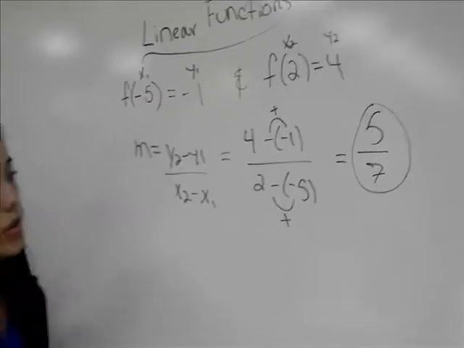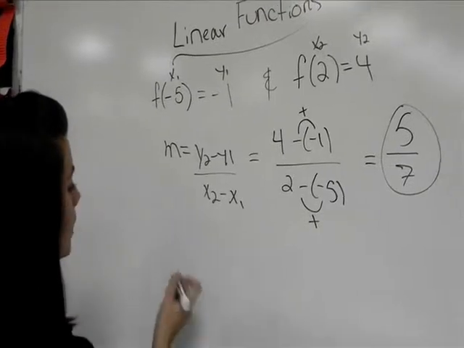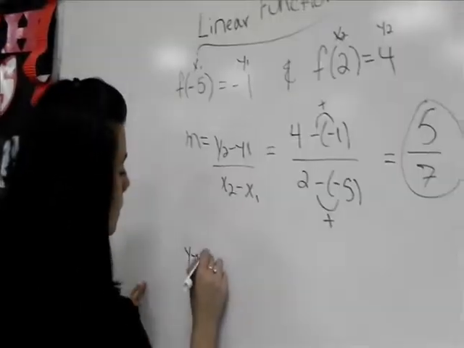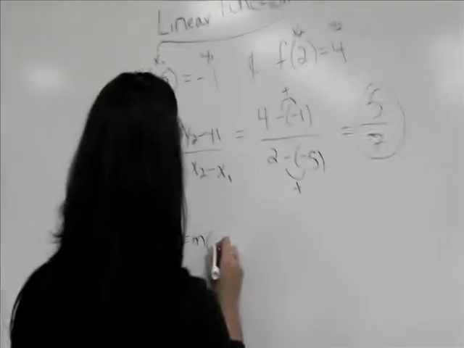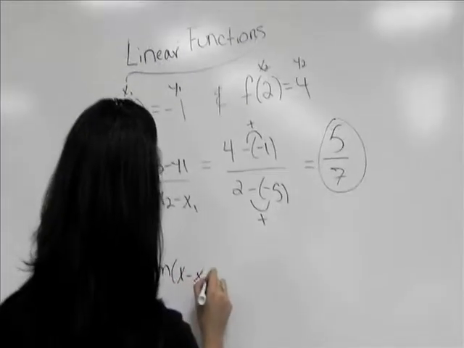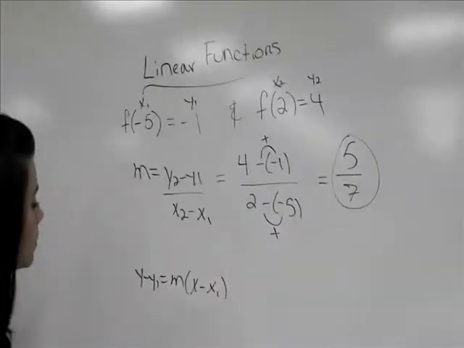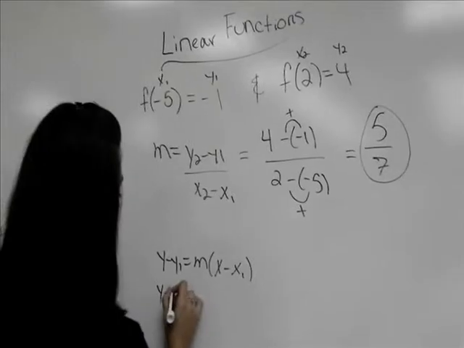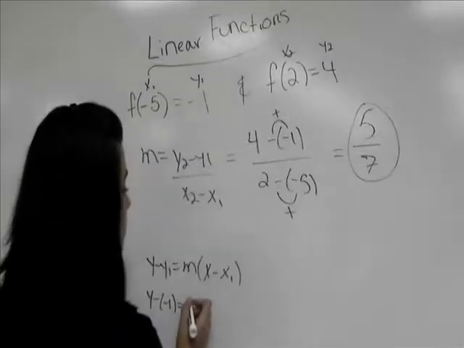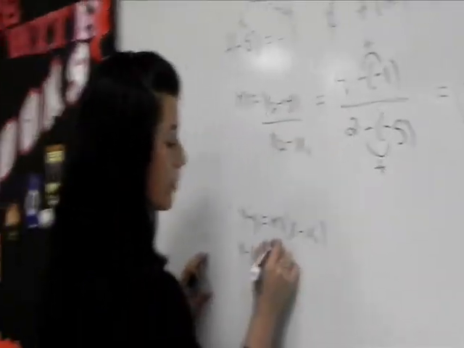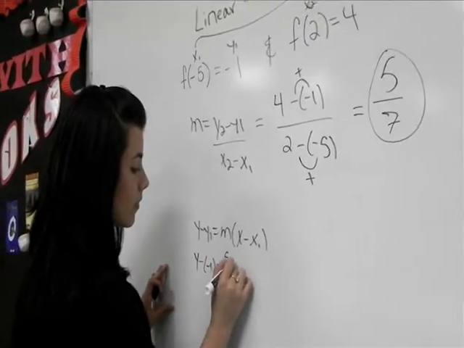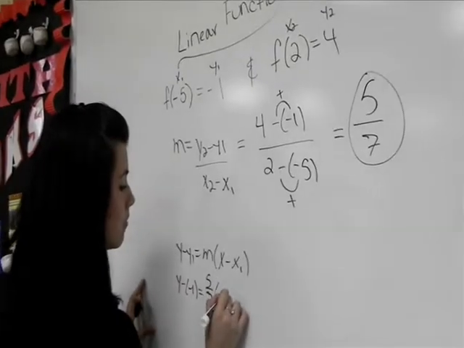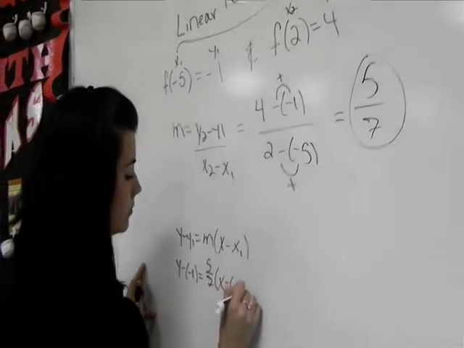Then when you finally figure out your slope, you have to use the point slope formula. You plug in the numbers, the y stays by itself, minus negative 1 equals m, the slope, the x stays by itself, and then minus negative 5.